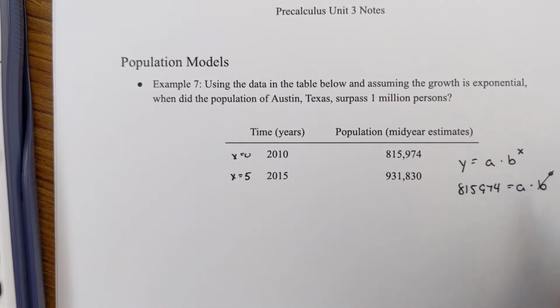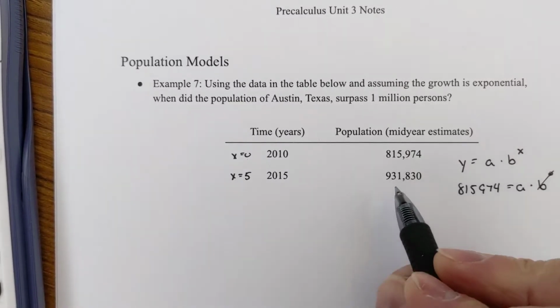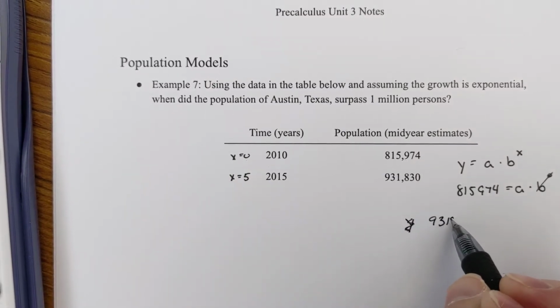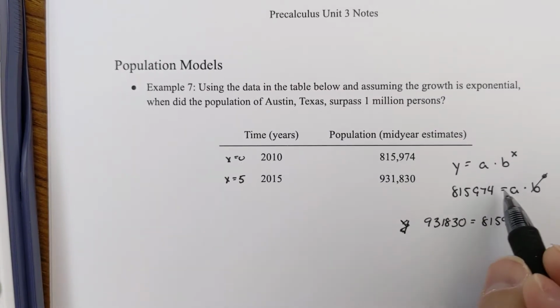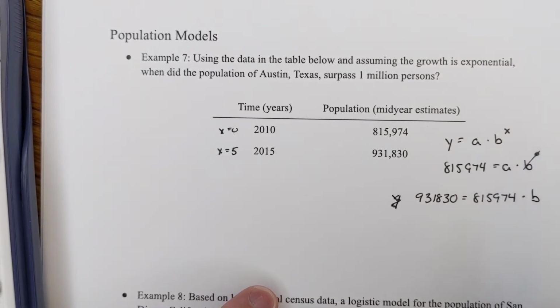So that goes away, and there's my a value. So to find b, I can use this row: 931,830 is equal to 815,974, my value for a that I just calculated, times b.